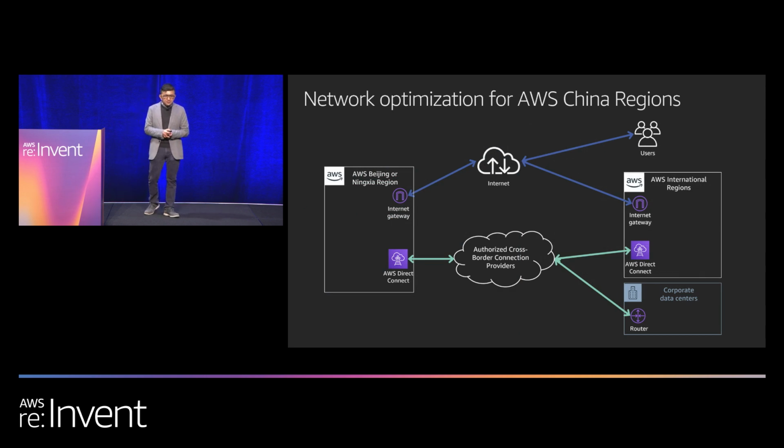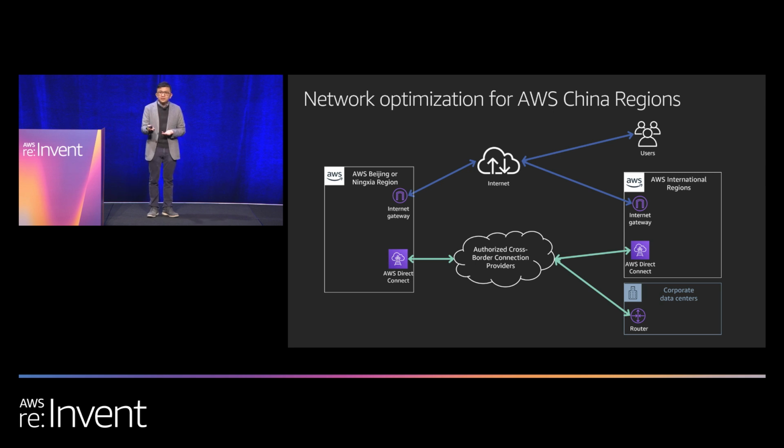So this is maybe a simplified explanation of what I've just explained. In the top part, you find that the internet definitely works for connectivity. We have many customers operating their environment in China from remote countries, and that can route through the internet.